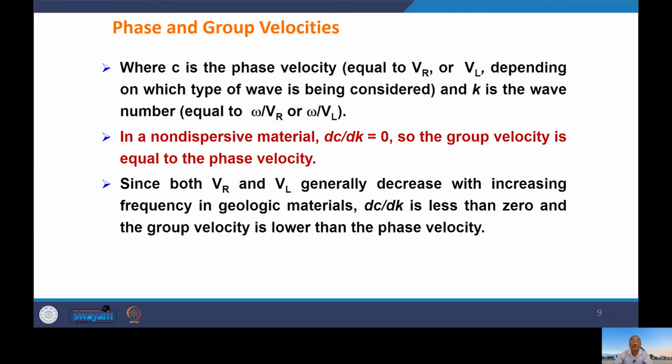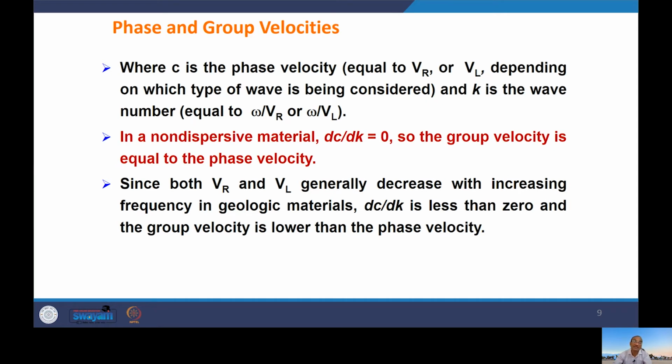However, when you have a dispersive material, like a heterogeneous material, since velocities generally decrease with increasing frequency in geologic materials, which we have already discussed, when the frequency increases, the wavelength will decrease, and when wavelength decreases, wave velocity is expected to decrease.